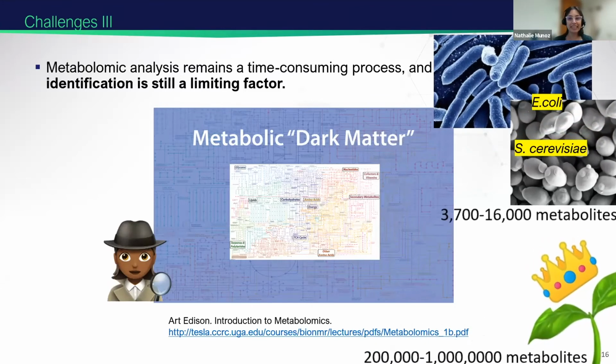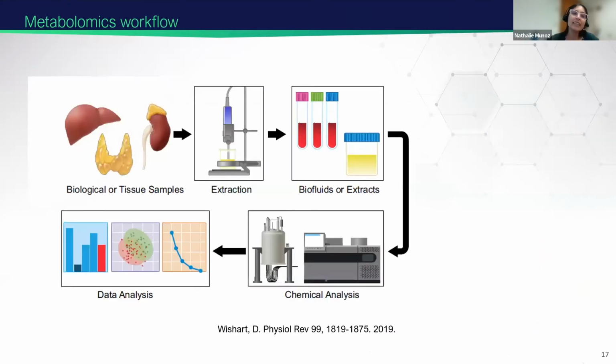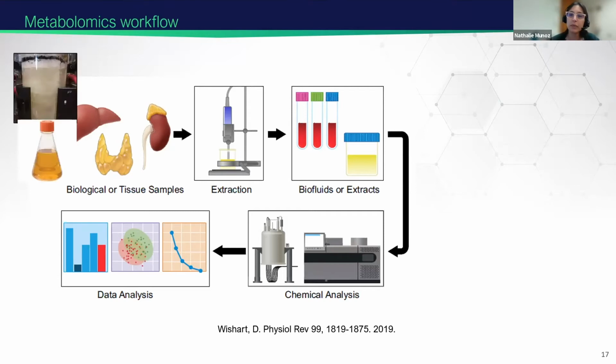So the general workflow, very simplified, looks like this. It's quite similar to what we were seeing yesterday in proteomics. It stops before we get to the proteomics point. Of course, what you're changing in this workflow are the questions or biological systems that we start with, but the steps in general are similar.